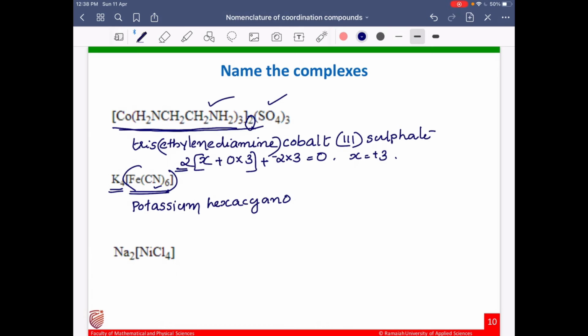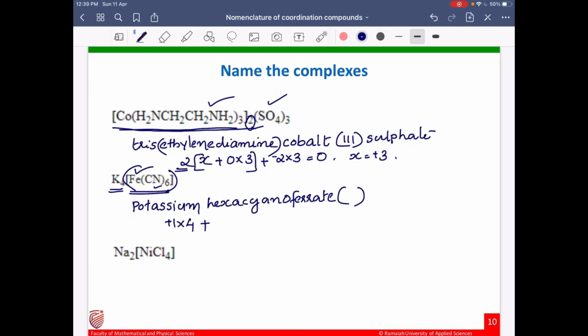Now we have to name the metal atom or ion. The metal atom is part of the anion, so instead of writing iron, we have to use ferrate. It will end with -ate, ferrate. Not over, we have to put the oxidation state. How to calculate the oxidation state? Now I will teach you. Potassium, we know that potassium charge is +1. How many are there? 4, so +4.